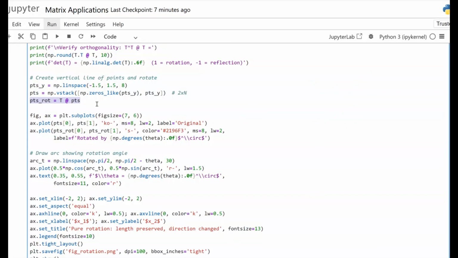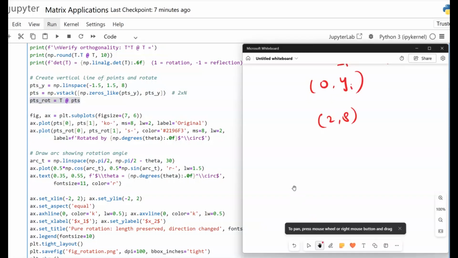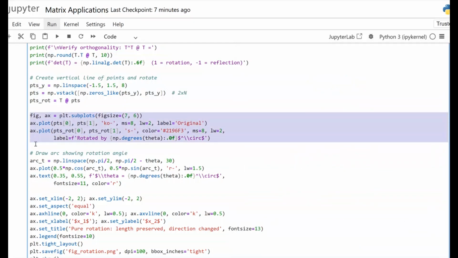Dear friends, this matrix multiplication rotates all points simultaneously, so each column is transformed. How? The rotated x is equal to T times x. Now let me visualize the plot of the original and rotated points. The original is in black circles, and the rotated is in blue.